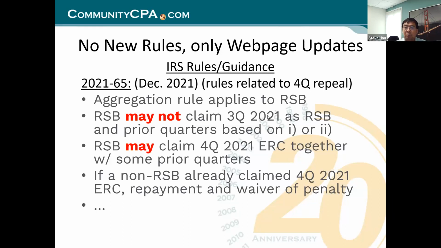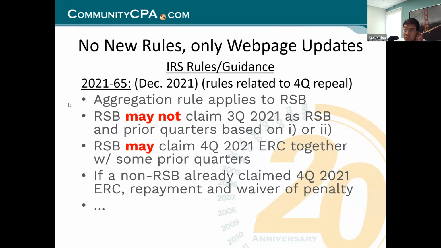So IRS also published a notice, 2021-65, to clarify some of the implementation rules related to that repeal of the fourth quarter 2021 ERC.